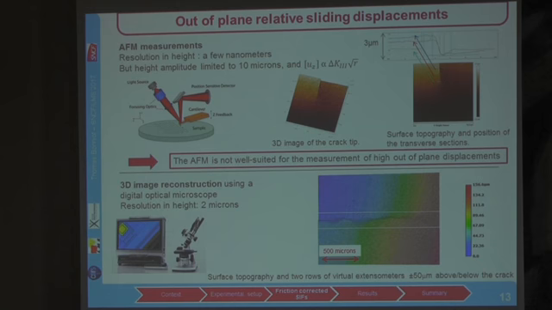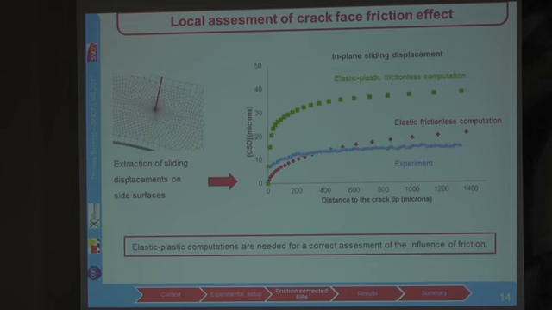the displacement jump. And in order to estimate the crack face friction effect, we have to compare those experimental displacements coming from the replicas with the theoretical ones coming from finite element method computation. And if we run elastoplastic frictionless computations, we are neglecting the effect of both crack tip plasticity, which will increase the displacements, and friction on roughness, which will reduce the sliding displacements.